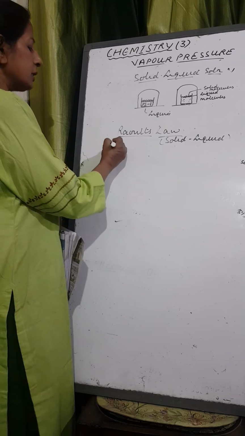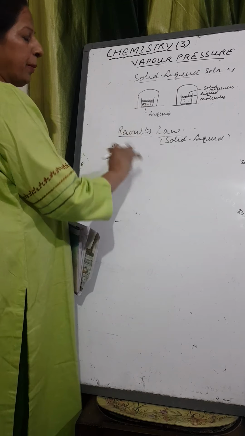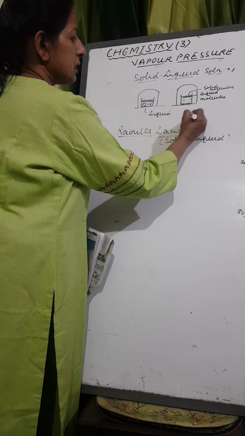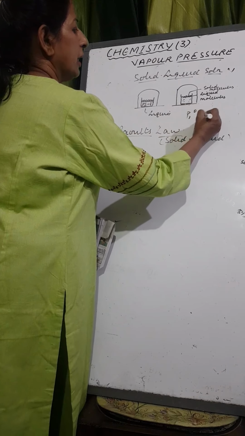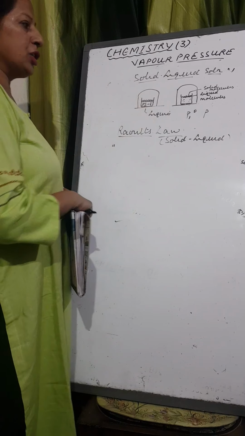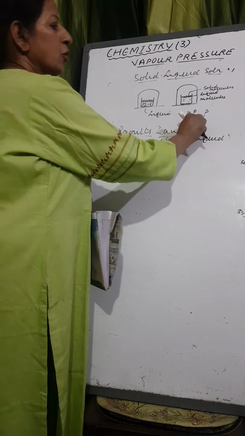Now this law states that the lowering of vapor pressure is proportional to the mole fraction of the solute. See, this is the vapor pressure of the pure liquid, and this is the vapor pressure in the solution. So the vapor pressure in the solution is lesser, which means it is greater in the absence of solid.